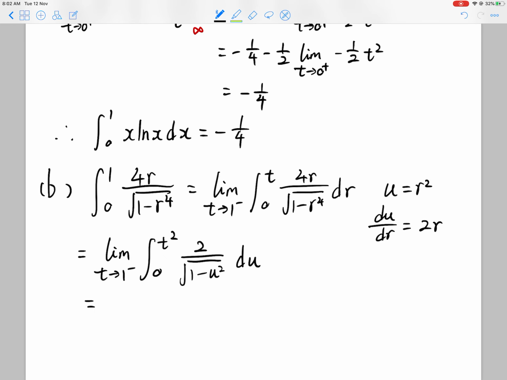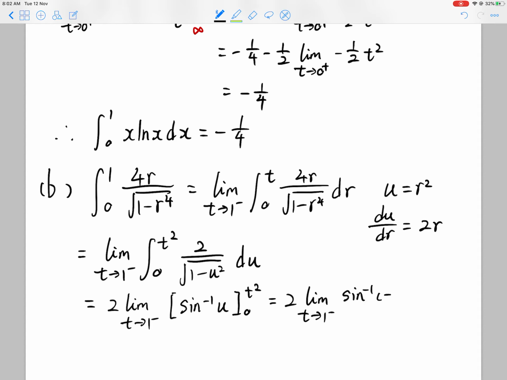For this we know what it is. The integration of 1 over square root of 1 minus u squared is sine inverse u, for u from 0 to t squared. So it's the limit as t approaches 1 of sine inverse t squared.